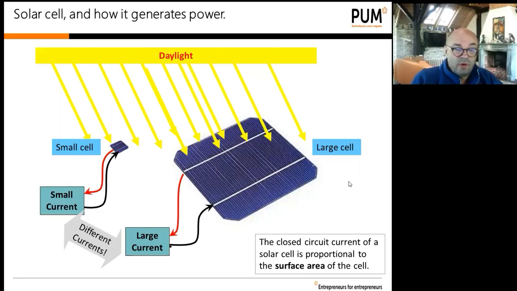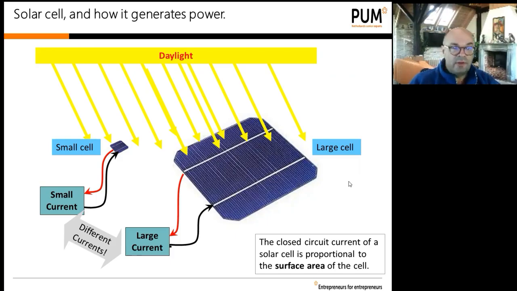What the difference is, is the current, the amperes. So if you have a small cell like this, you have half a volt, but a small current. If you have the big cell like this, you have a large current. So there is the difference.